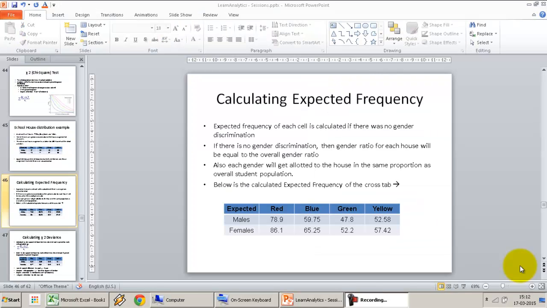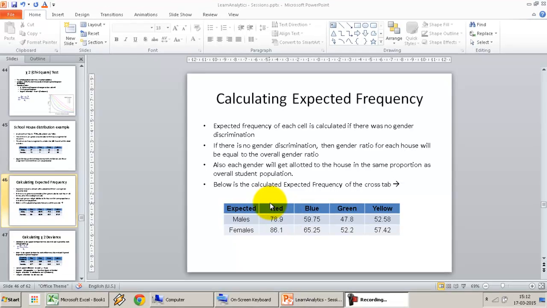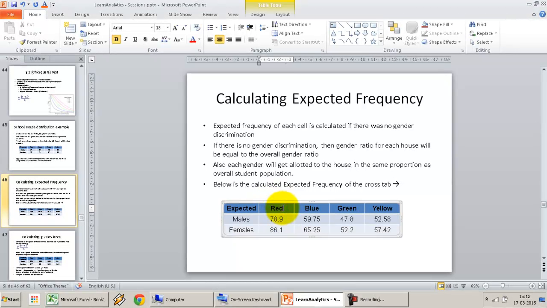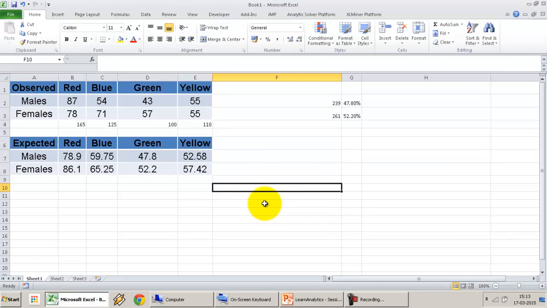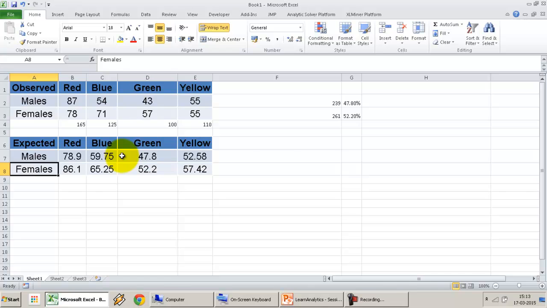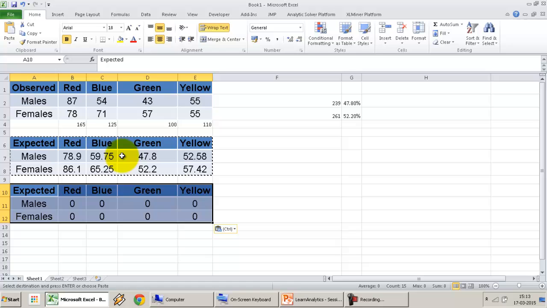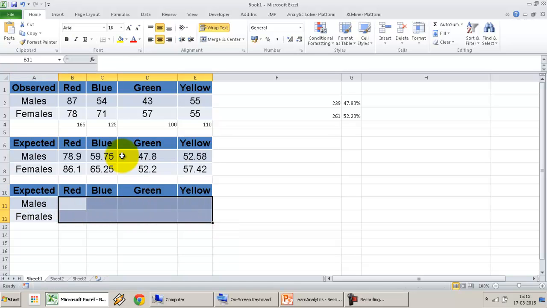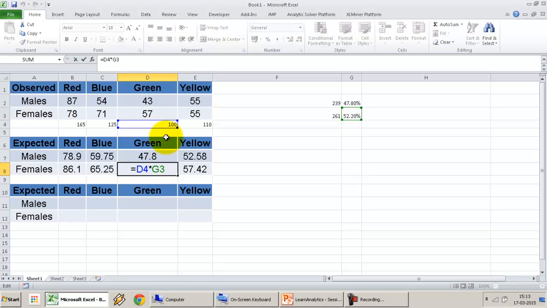So we have the chi-square formula applied, and we have the expected frequency table if there was no discrimination. We've already calculated the expected frequency table by using the formula given over here. A quick way of capturing the expected frequency, if we don't want to use percentages in each, is a very neat little formula. What it's essentially saying is it's multiplying the column total into the percentage of the row total.